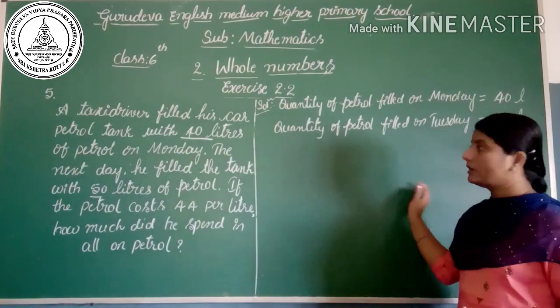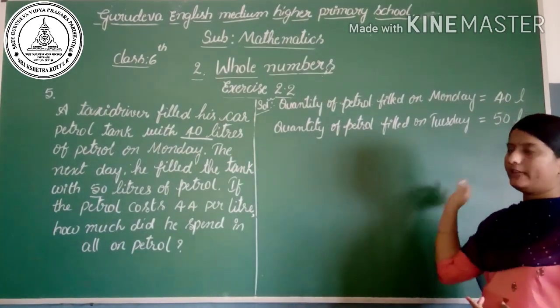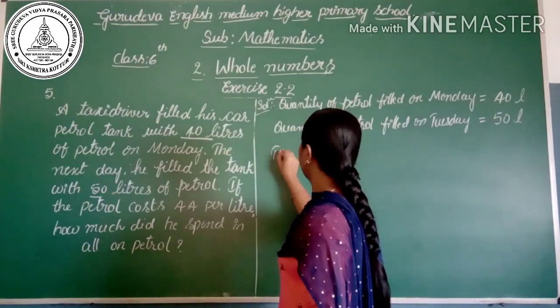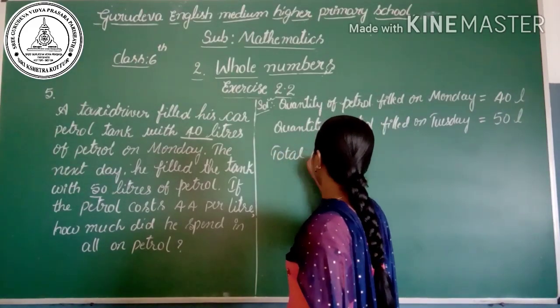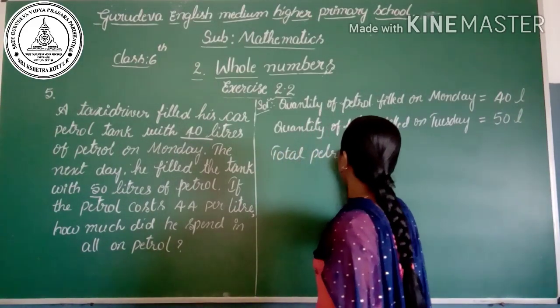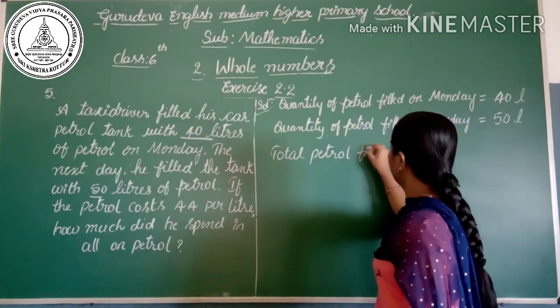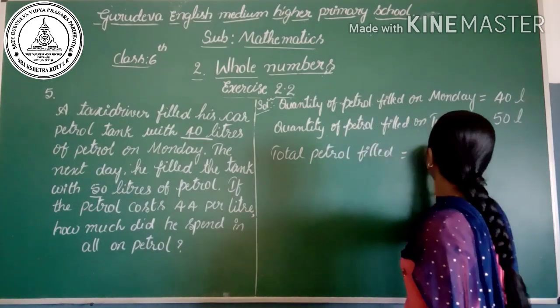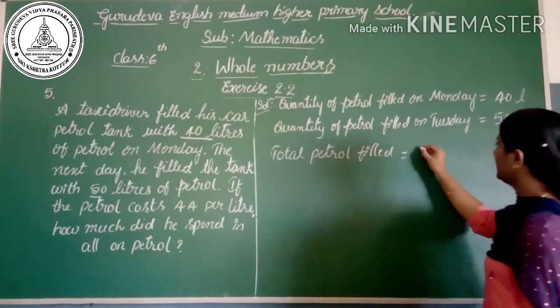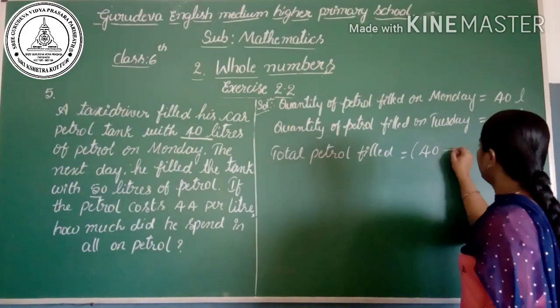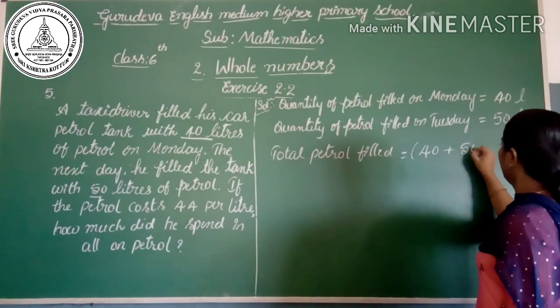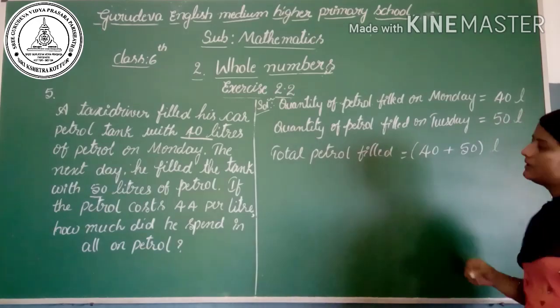Okay. The next, total petrol filled, which is equals to 40 plus 50 liters. Okay.